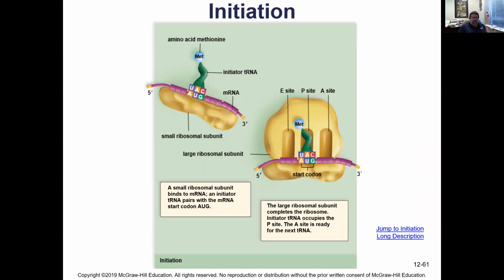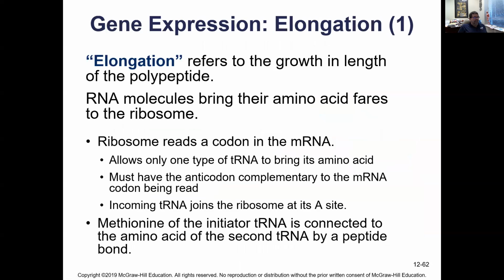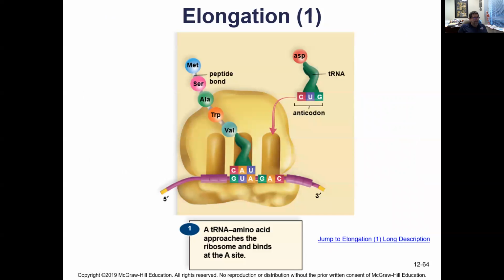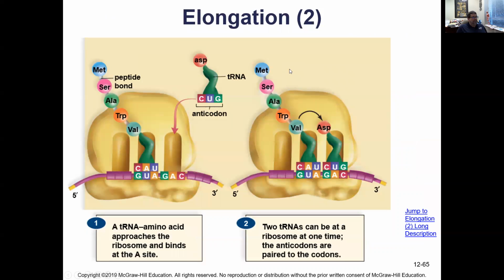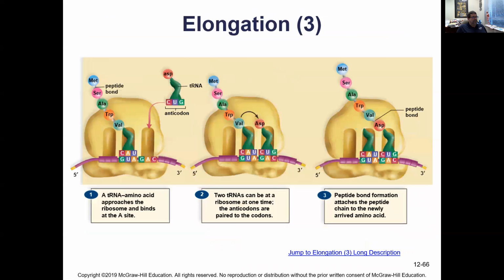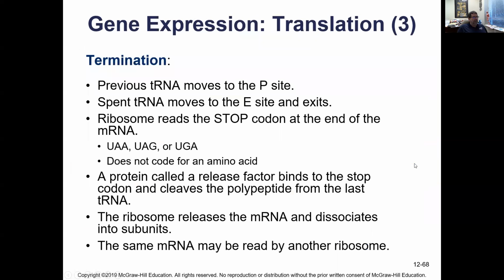I'm going to go through this kind of quickly. Y'all can look at this on your own. Then it brings in another one here. See that now? That amino acid is going to stick right here, and that's how the protein is built. And it just keeps going until it hits the stop codon. Isn't that cool? There's that sticking to valine now, and now we're ready for another one that's going to read one more. And when it hits the stop codon, then it stops.